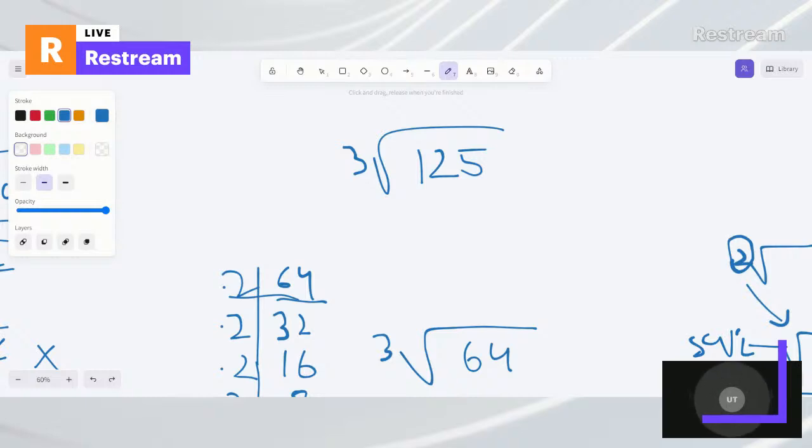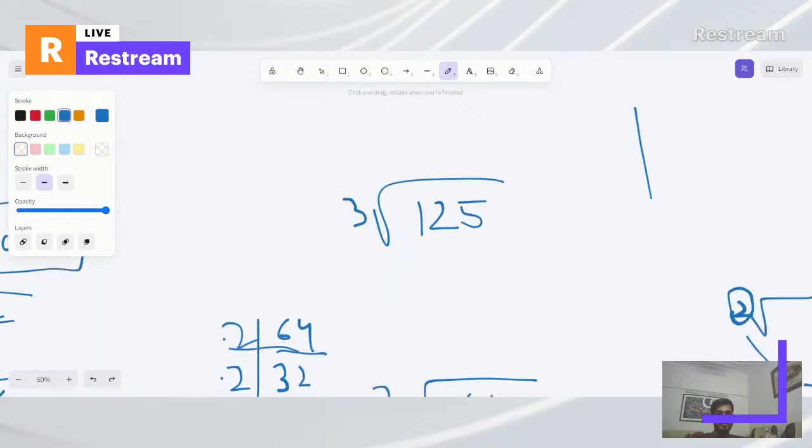So the first person who has answered it correctly is Akhil, and he has answered it right. So it's 5. How is it 5? Another person has answered this right too. So how do we get this from 125? We're going to find the number which can be used to divide it.